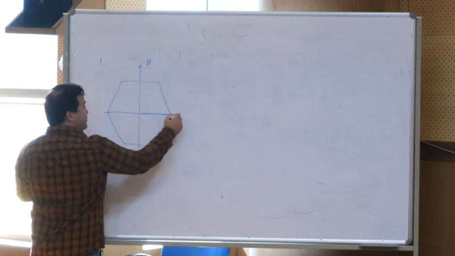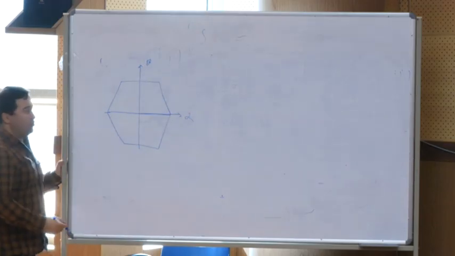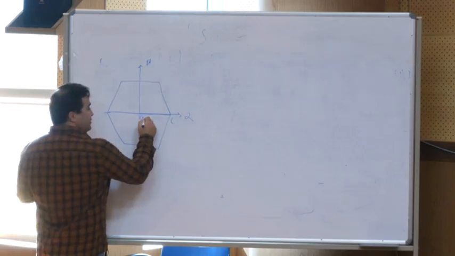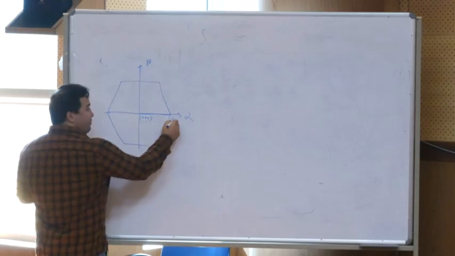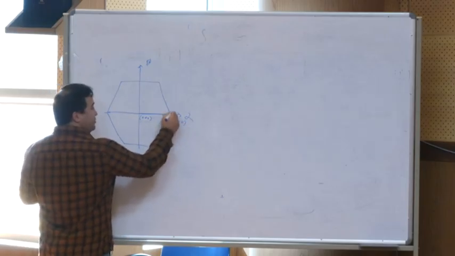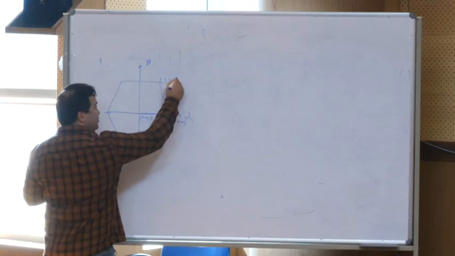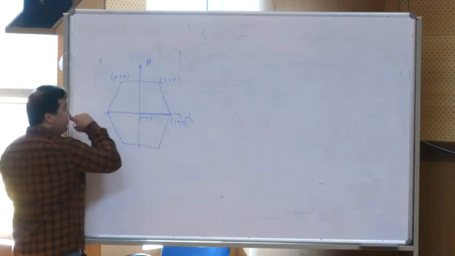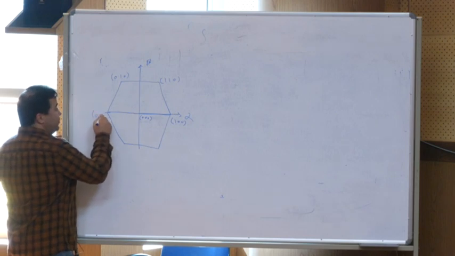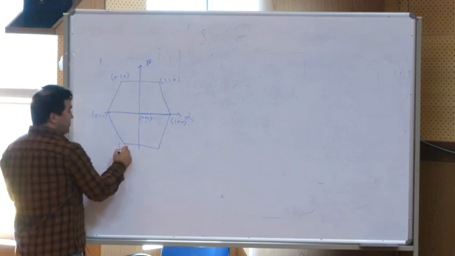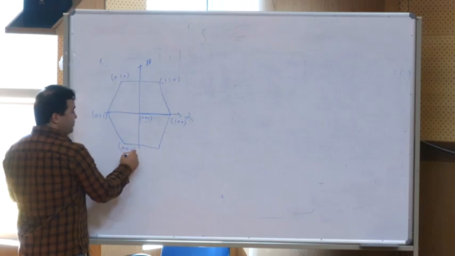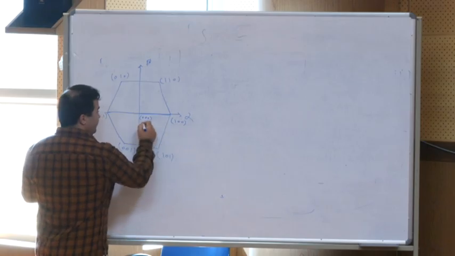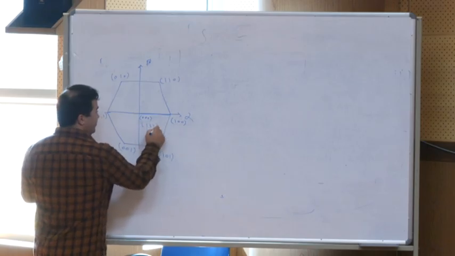So the vectors start with 0, 0, 0, then 1, 0, 0, 1, 1, 0, 0, 1, 0, 0, 1, 1, 0, 0, 1, 1, 0, 1, and again return back to 1, 1.